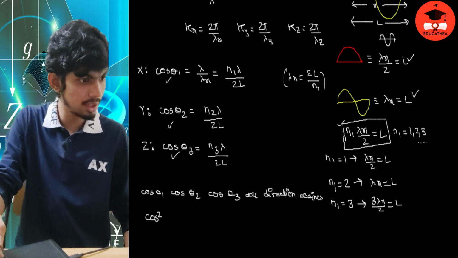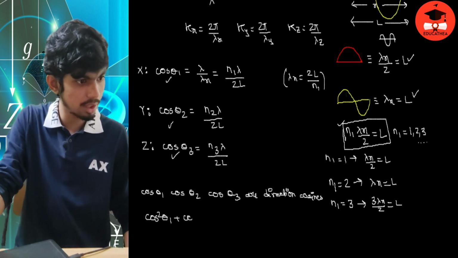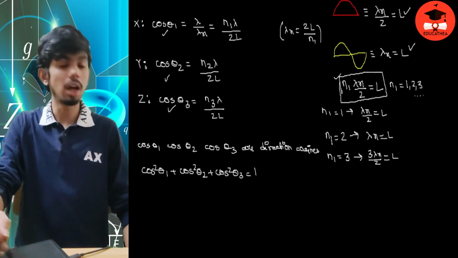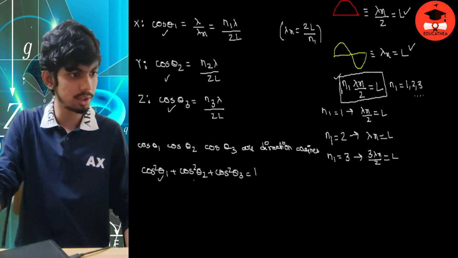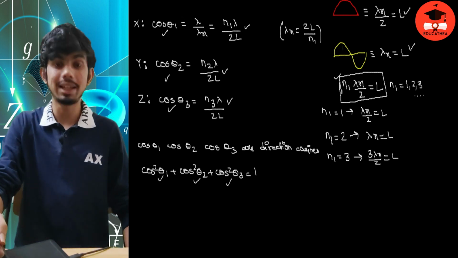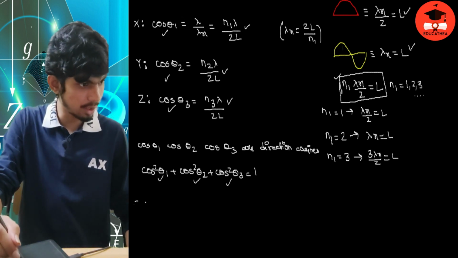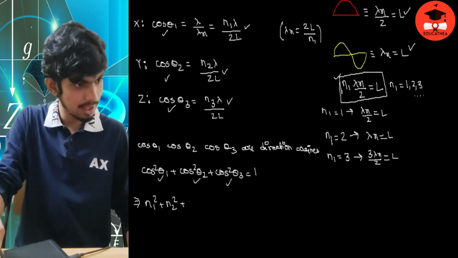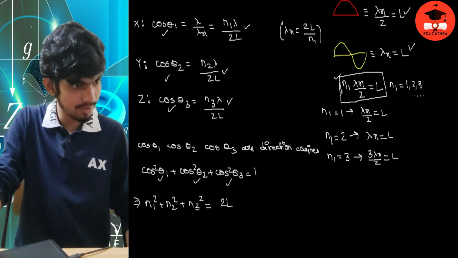So cos square theta 1 plus cos square theta 2 plus cos square theta 3 is equal to 1. So now if you put the values of cos theta 1, cos theta 2 and cos theta 3 from these expressions, then what you will essentially obtain is the following: n1 square plus n2 square plus n3 square is equal to 2L divided by lambda whole square.